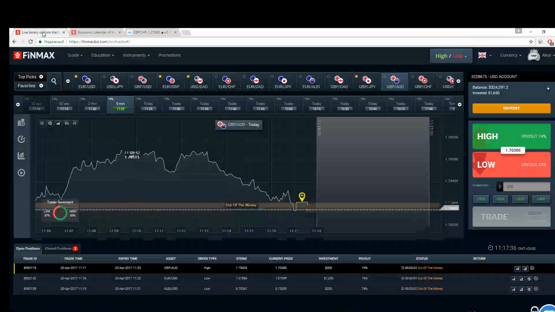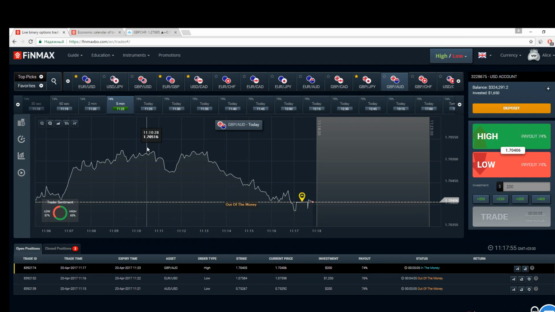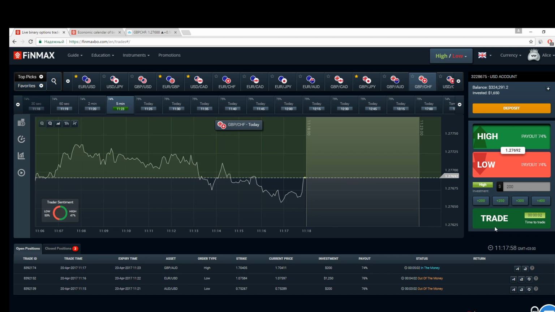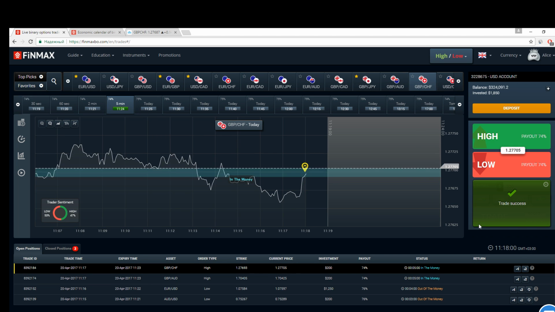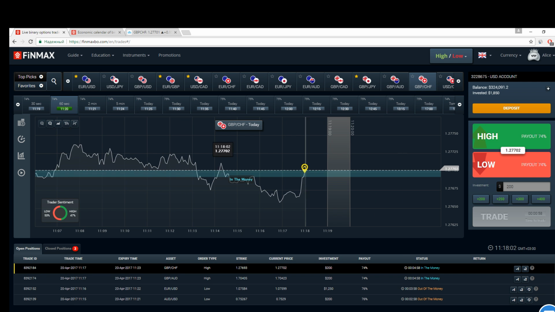Also British pound to Swiss franc for high for 1 minute, interesting. Okay, I opened for 5.